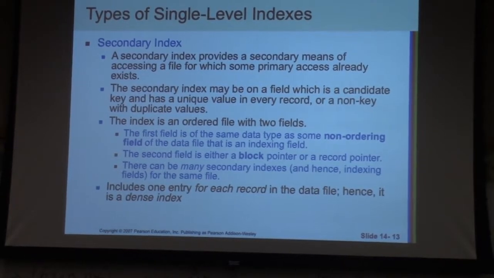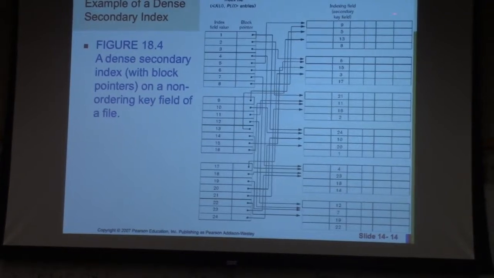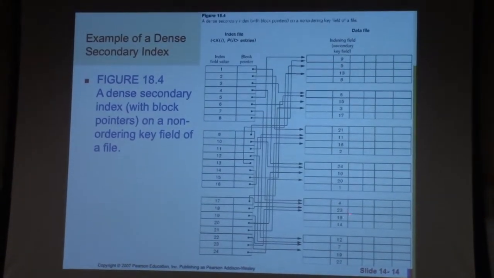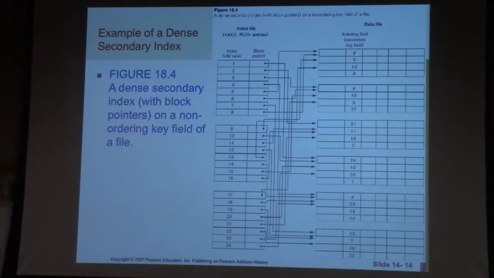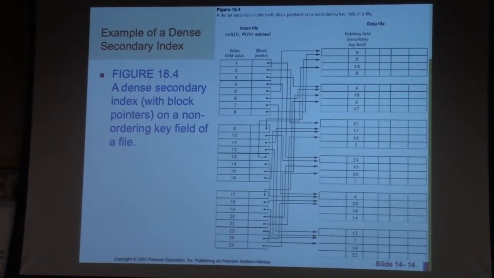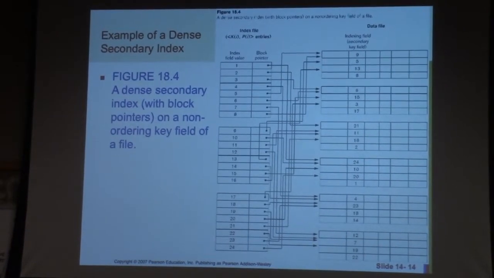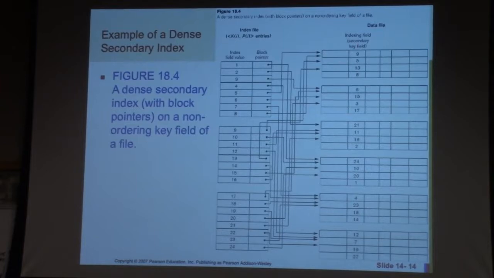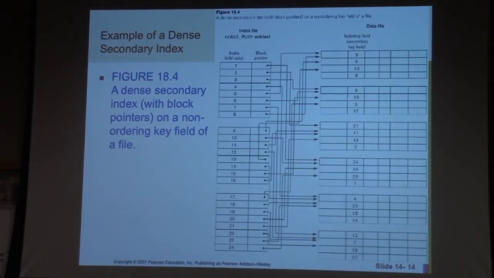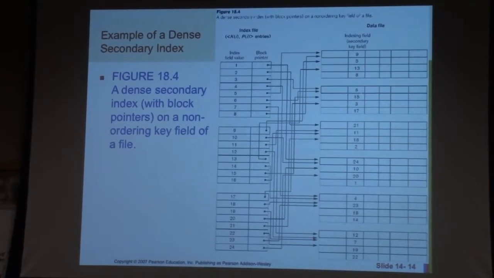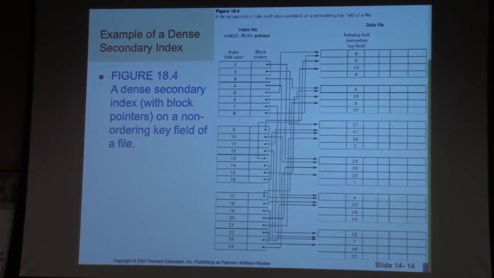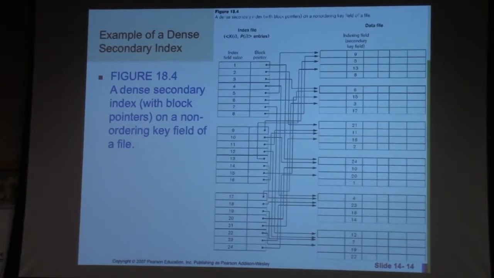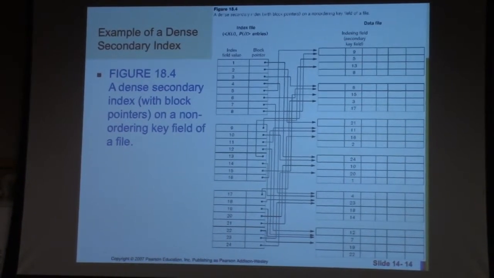For example, this is an employee file. It's already sorted by SSN, the Social Security number, but I'd like to index by employee ID. Let's say this is the employee ID, but it's not sorted. Sometimes it's a non-ordered file, where this is the key or a secondary key.